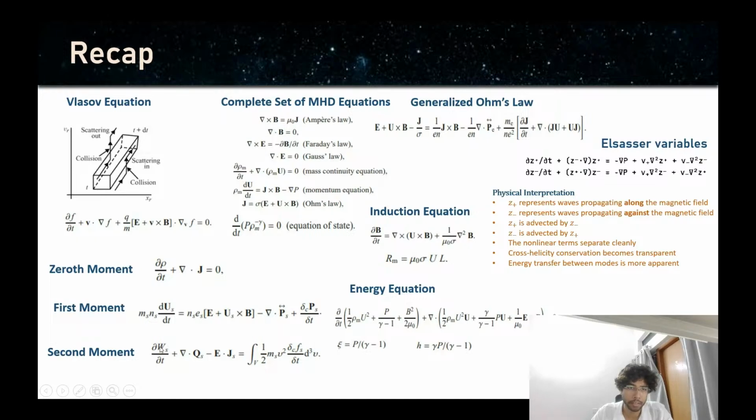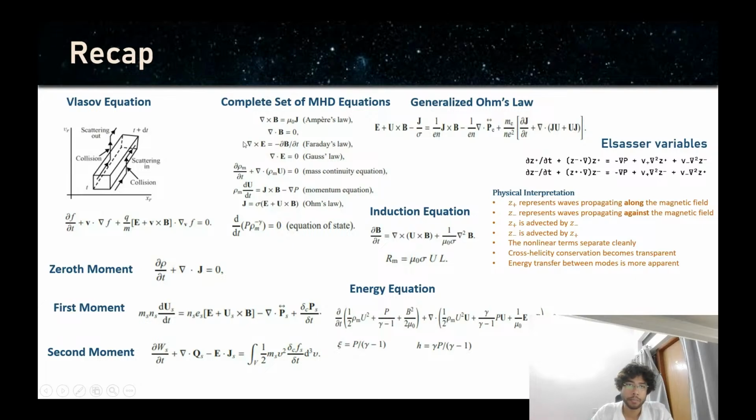This W is the kinetic energy of the species S, S stands for the species, and del dot QS is the heat flux. E dot J is the energy due to the current, and this is the collision term again.